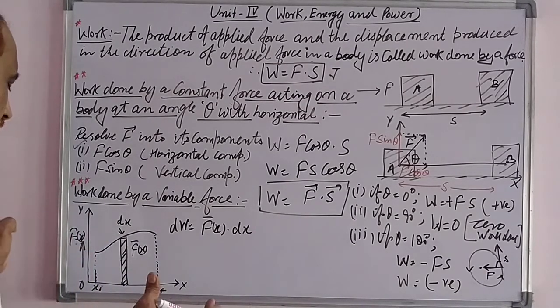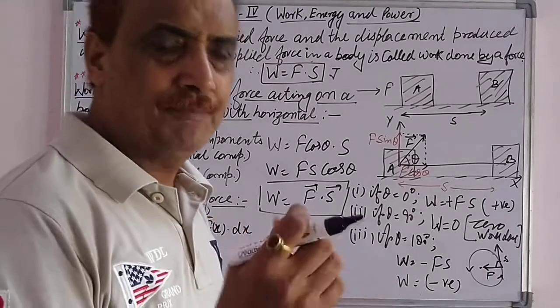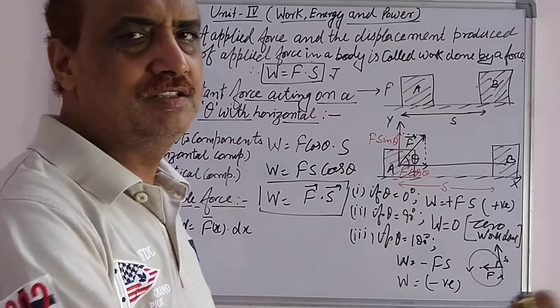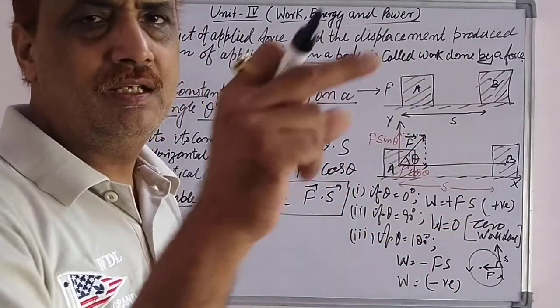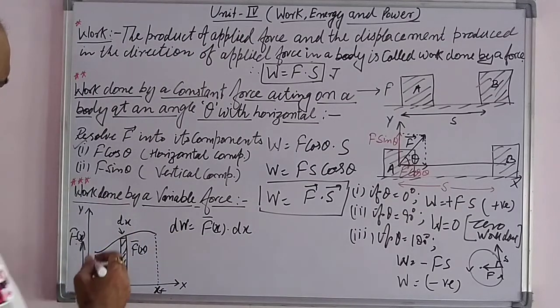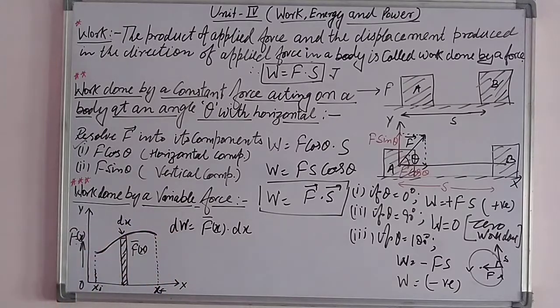So when we draw a graph between the displacement x and the force Fx, which produces the displacement along the x-axis, and the force is a variable force, suppose it is like this. It is denoted by a curve like this, from the point A to the point B.